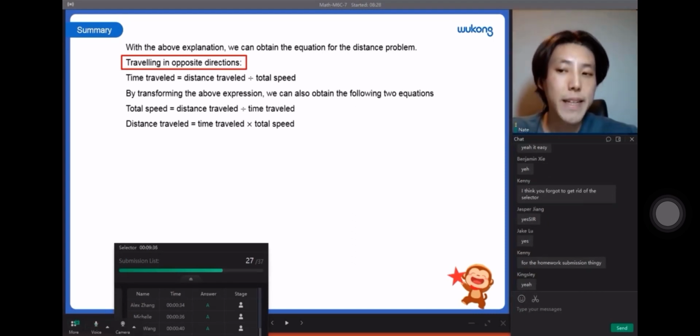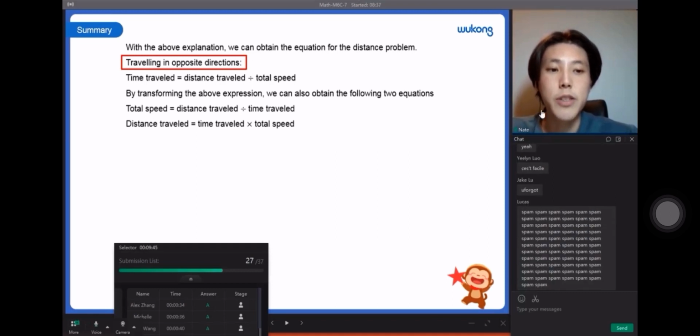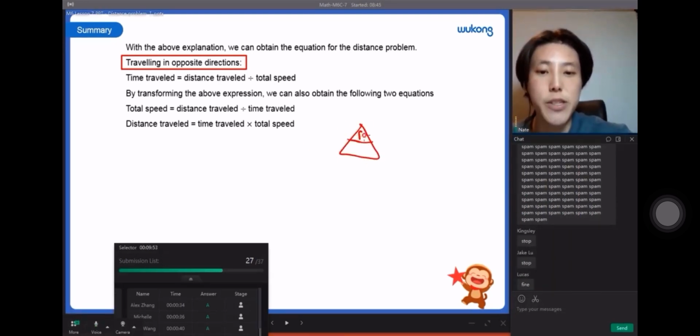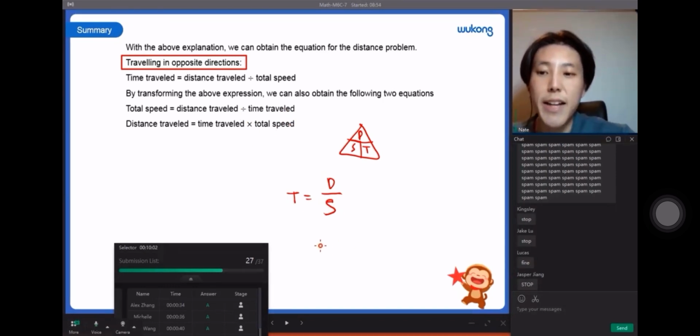By transforming the above expression, we can also get the following two equations. The total speed is going to equal the distance traveled divided by the time traveled. So once again, just use your pyramid. Time would equal distance over speed. So that is correct. And your distance would be speed times the time. As simple as that.